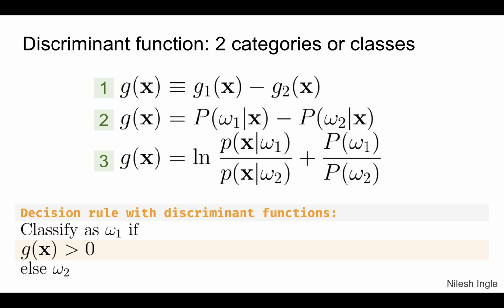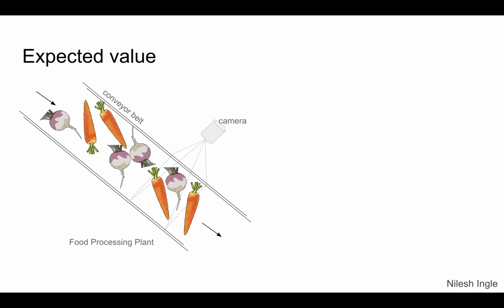If the values computed for g of x from either of these are positive, greater than 0, then we would classify that sample or data point as belonging to class omega 1. Else, if it's a negative value, then it would belong to class omega 2.